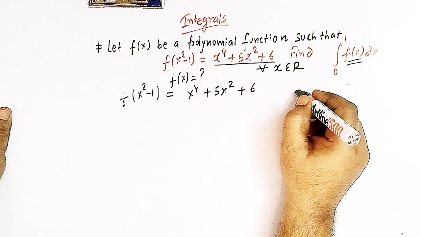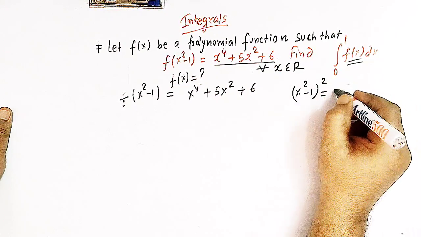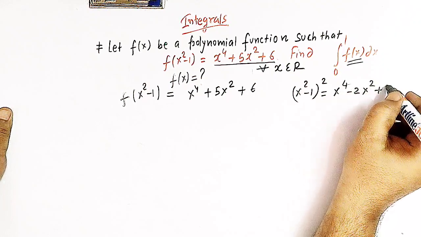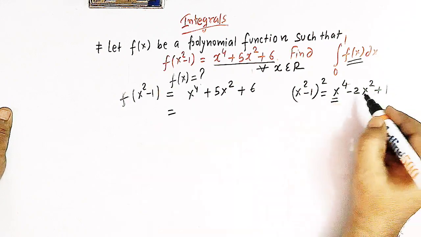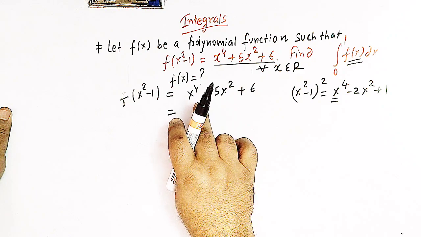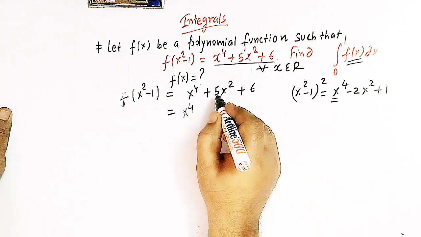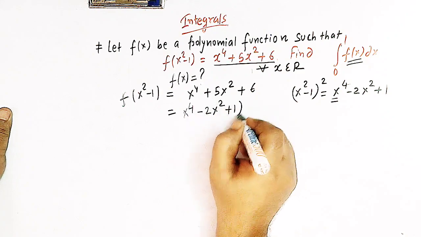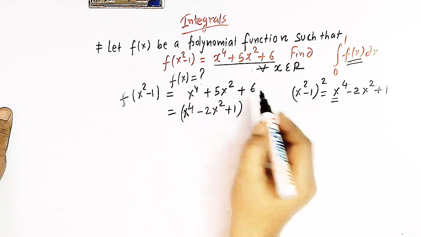So now we can write x square minus 1 whole square as x raised to 4 minus 2x square plus 1, right? So here x raised to 4 minus 2x square plus 1 can be created over here, right? So we can write here x raised to 4, then we can write minus 2x square plus 1 such that this quantity remains the same, right?